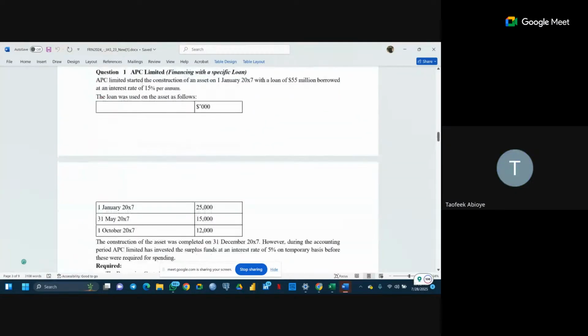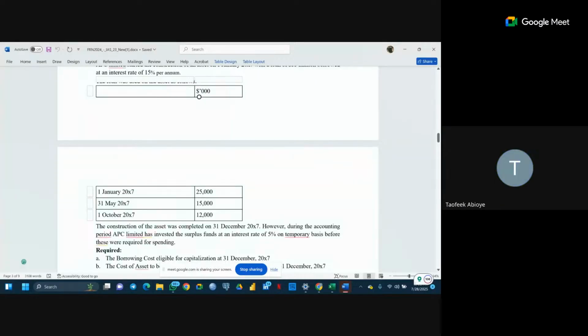So before the second withdrawal, this particular 15 million that they withdrew on 31st of May had been on short-term investment from the 1st of January, because the fund was available on the 1st of January. From 1st of January to 31st of May, that is 5%.